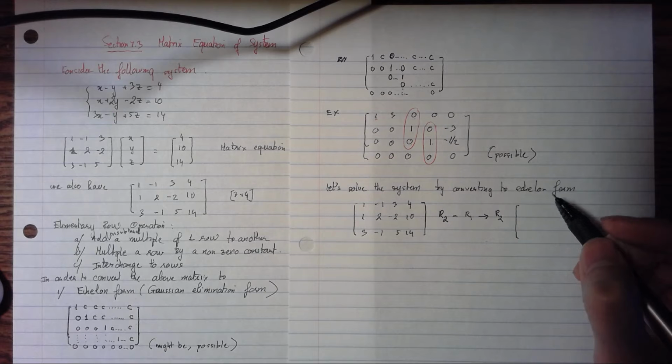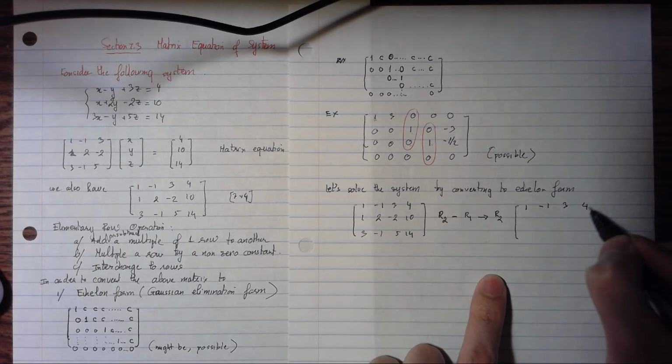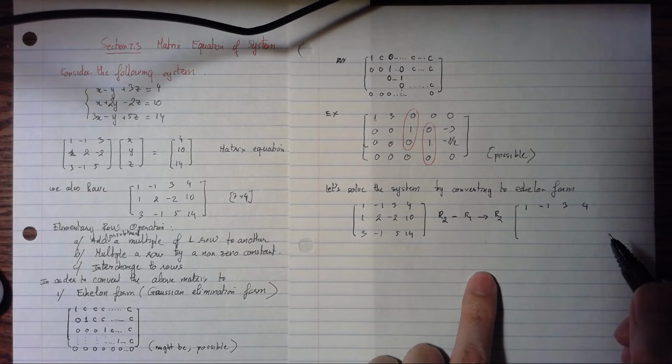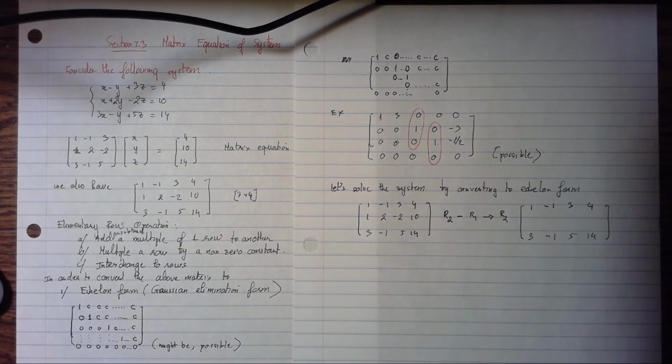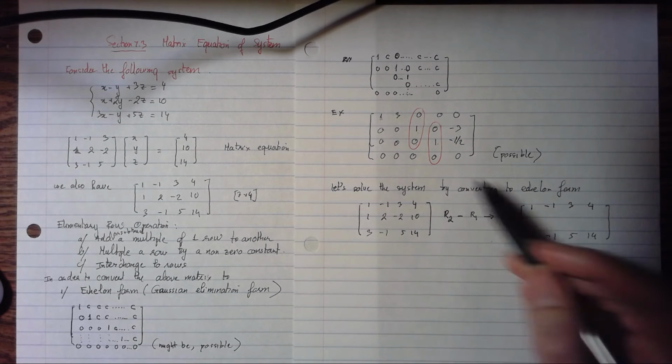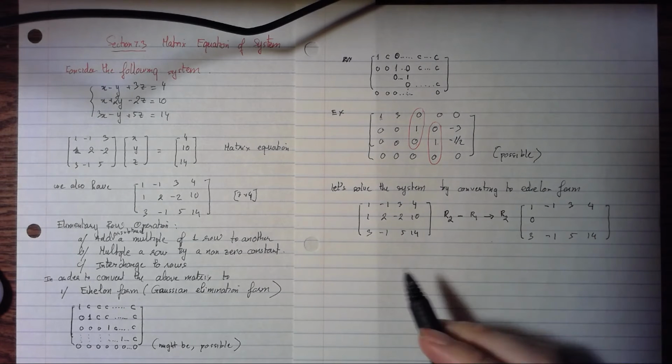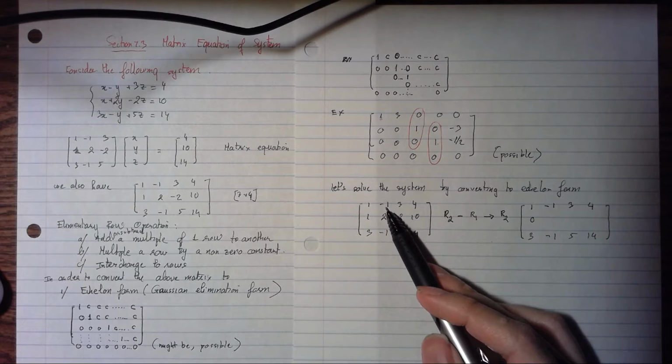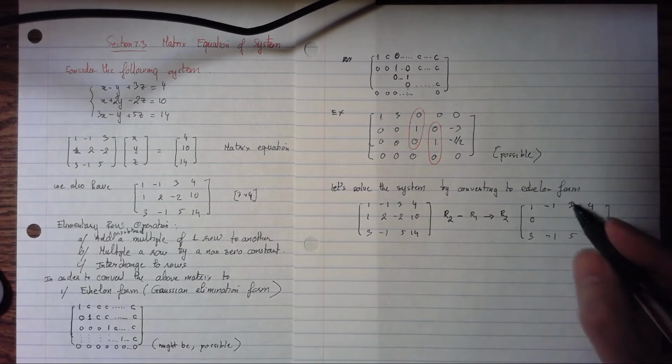So I have 3 because we don't want to change it. So my new row 2 will be 1 minus 1 will be 0. 2 minus 1 will be 3, right?